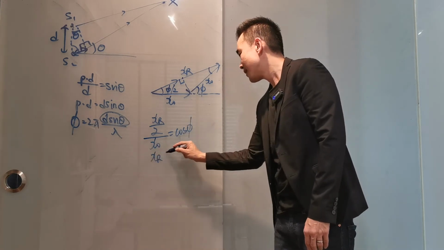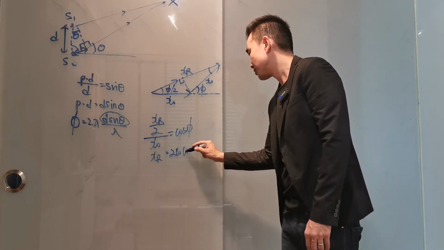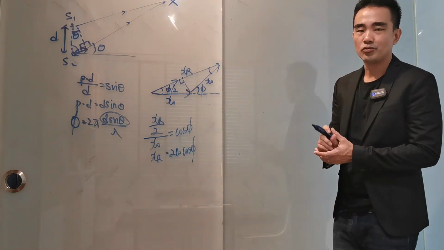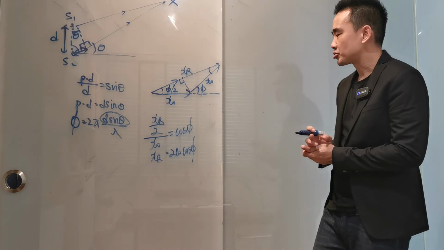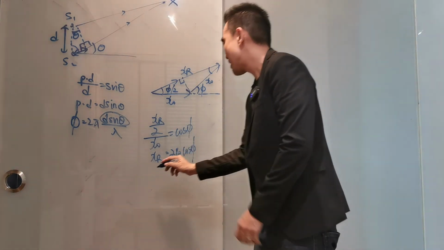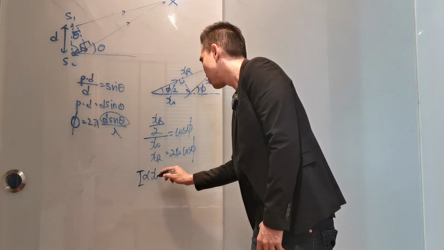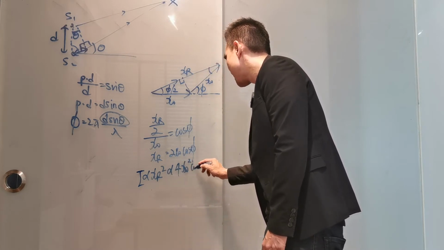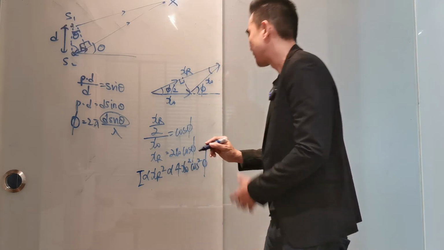Hence, xr is going to be 2x0 cosine phi upon 2. So this is the resultant amplitude. And if we square the amplitude, we are going to have intensity proportional to xr squared, which is proportional to 4x0 squared cosine squared phi upon 2.